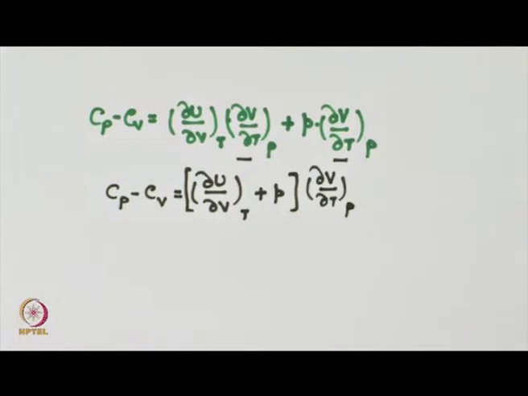See, what I have done is, we have not so far used any condition for ideality. That means the equation that we have developed for Cp minus Cv is applicable to all systems. It is not just applicable to ideal gases, but it is applicable to all systems. It allows for deviations from ideality.